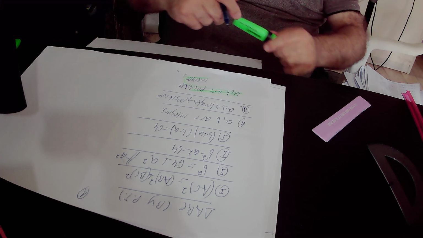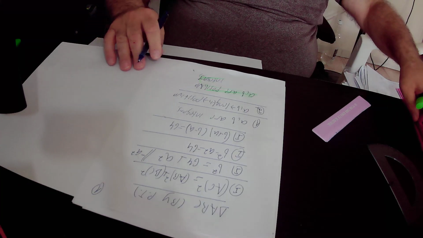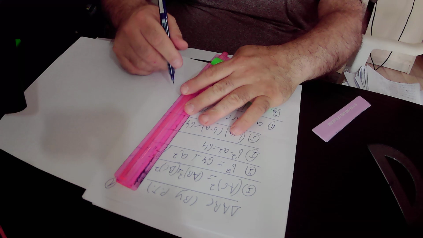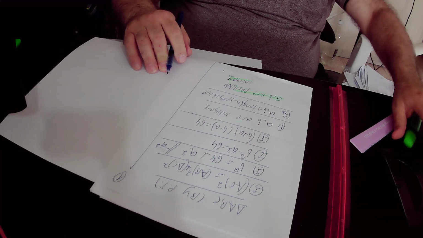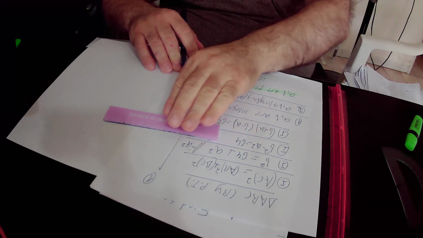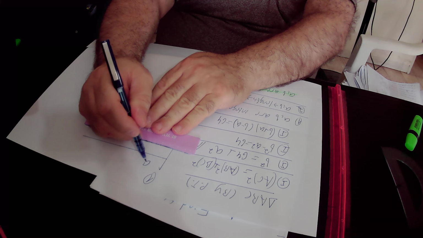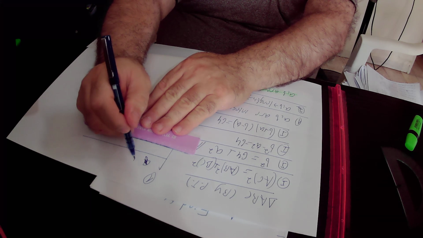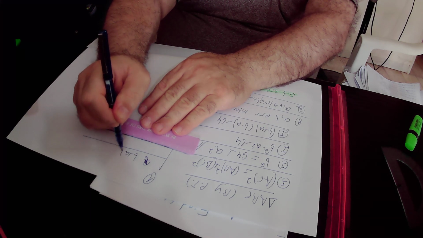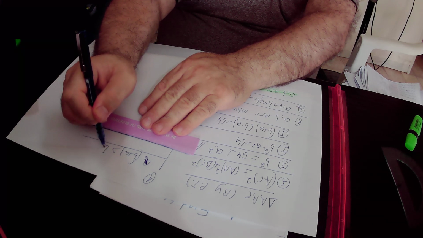And because A and B are positive integers, we get that B plus A must be greater than B minus A. Why?